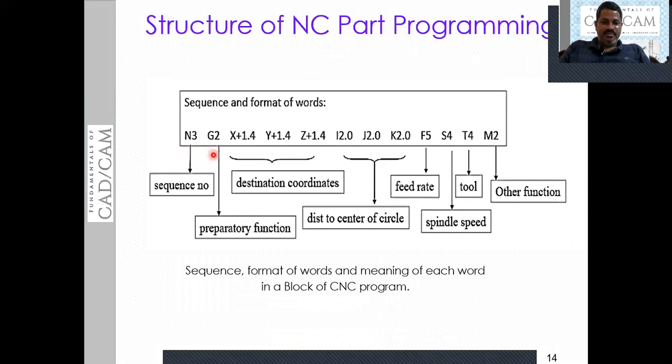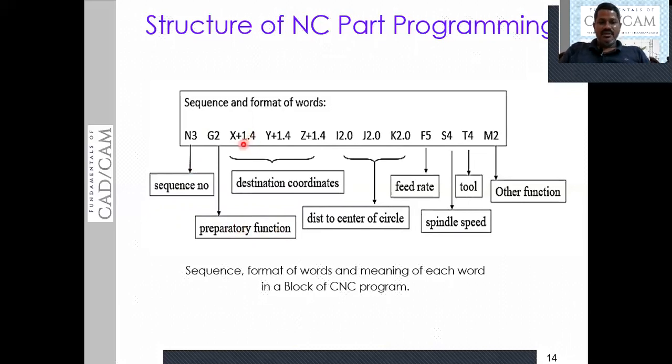Then the preparatory word is the next function. As of now, try to remember that the preparatory functions are the functions responsible for the movements of the tool, apart from any other operation related to the machine. So the preparatory function is specifically to control the movements of the tool.